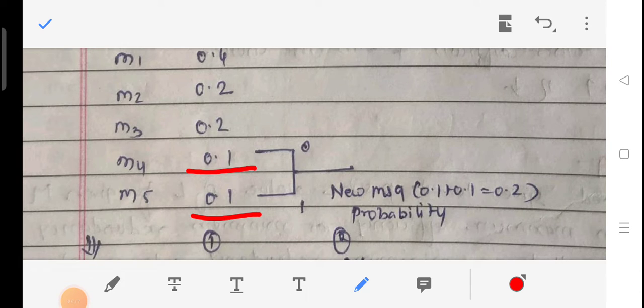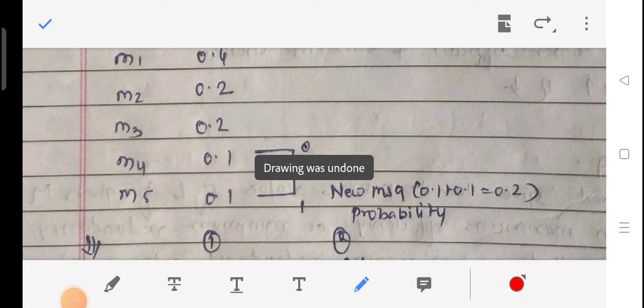These two messages, or these two probability values, we can combine to form a new message. The new message is obtained by combining M4 and M5, and the new probability value will be the summation of these two probabilities, 0.1 plus 0.1, which equals 0.2. So this is my new message.